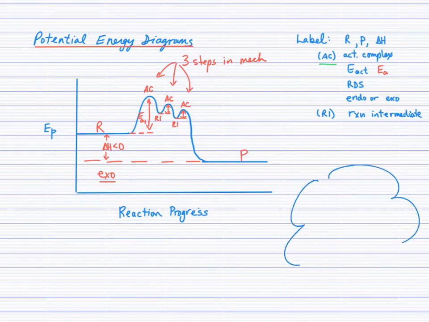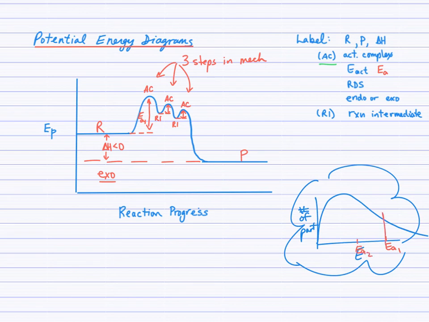Just to jog your memory, remember the Maxwell-Boltzmann distribution, having the number of particles there and energy here, that when you have a higher activation energy, EA1 for example, compared to a lower activation energy, EA2, isn't it true that the area under the curve past EA1 is really quite small compared to the area under the curve for EA2?